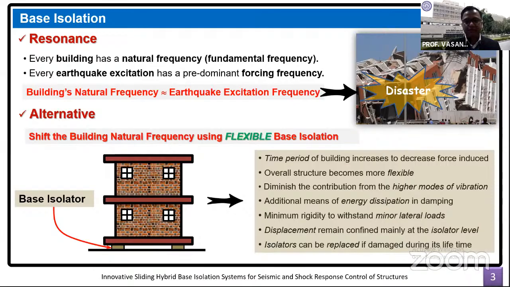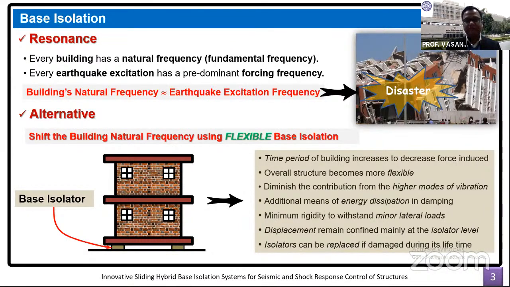However, as was being discussed by my predecessor speakers, the isolation system also needs to provide some initial rigidity so that during minor earthquakes or during ambient winds, the system does not start oscillating and causing discomfort to the users. Otherwise, we can make the system quite flexible.